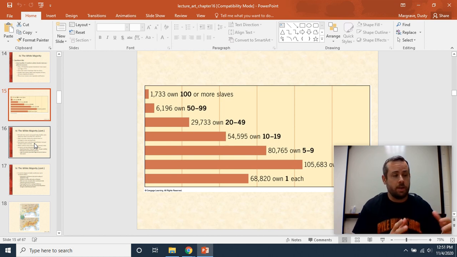Another big difference between colonial slavery and antebellum slavery is what slaves are working on. Cotton. And in Chapter 14, the cotton gin was mentioned. Many of the founding fathers thought that slavery, as they knew it, related to tobacco and other cash crops, would eventually die out as America became more industrialized in manufacturing.